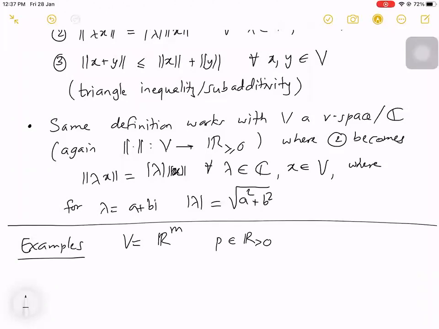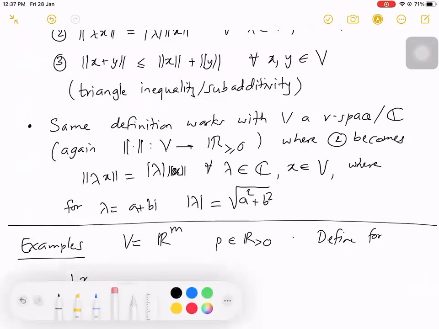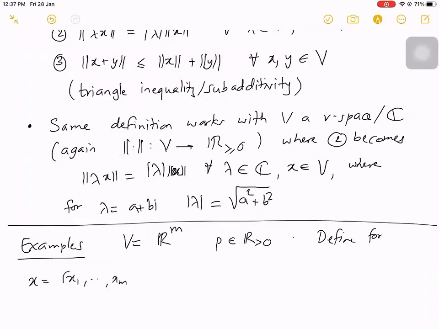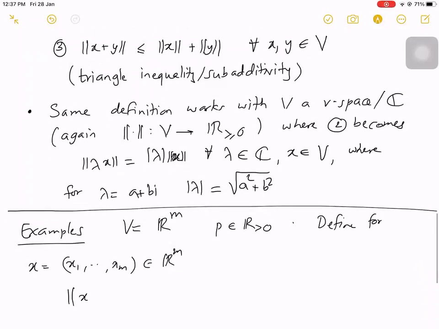And then I define the following. For x equal to (x1, ..., xm) in R^m, this is going to be something related to the number p.